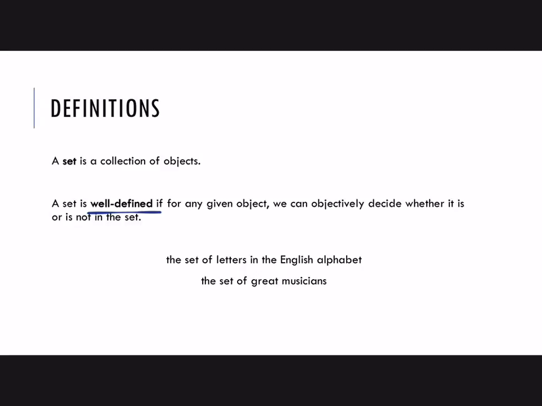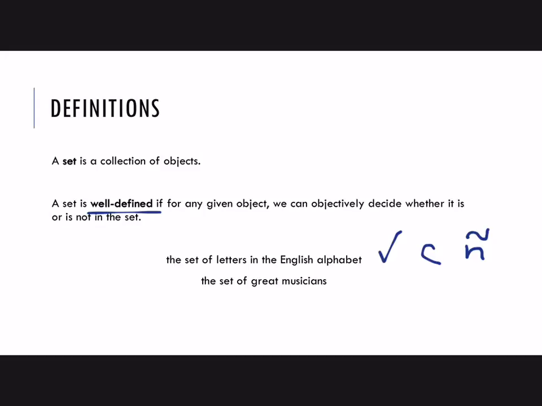A set is well defined if for any given object we can objectively decide whether or not it is in the set. So for example, the set of letters in the English alphabet is a well-defined set. We can look at any letter like C and decide that yes, that is in the English alphabet, or we could choose a letter, here's one from the Spanish alphabet, Ñ, and this one is not in the English alphabet.